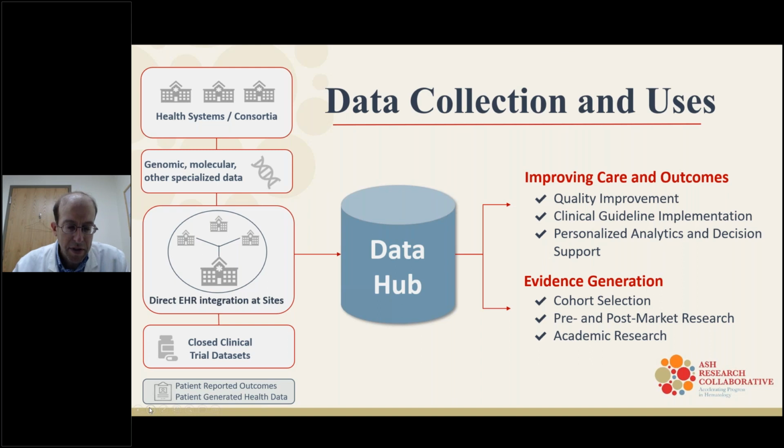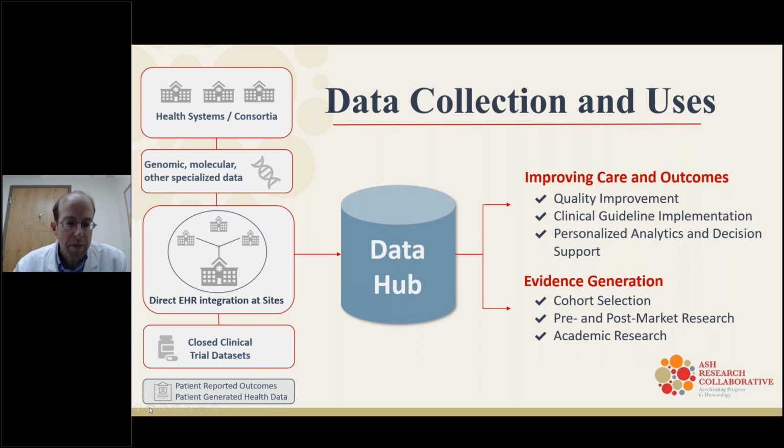Many times there are different centers that have particular interests in different or particular representative populations in different conditions. And so there may be some non-overlapping centers. At each of these centers or sites, we actually do direct EHR integration to obtain structured data. And those data come in basically in whole to a vendor that we work with, Prometheus Research through IQVIA.